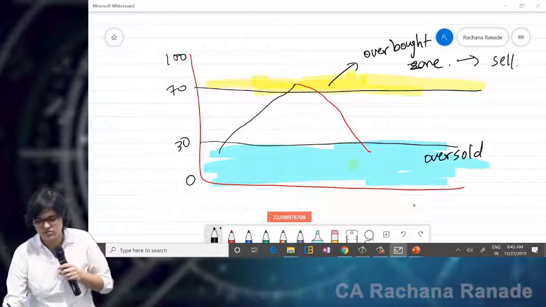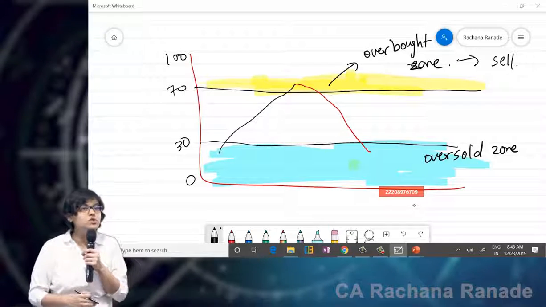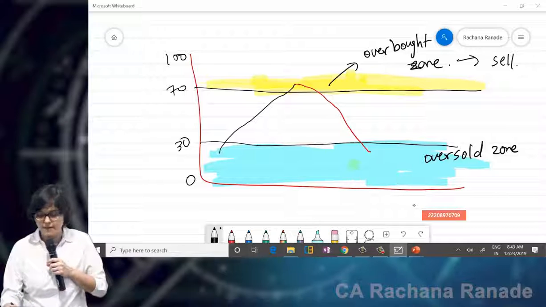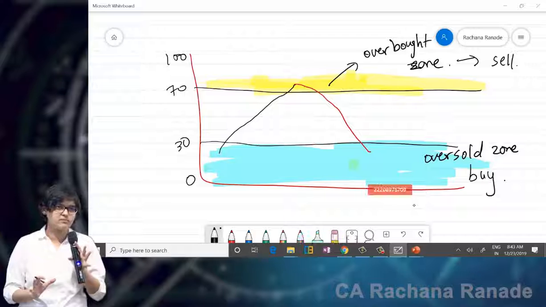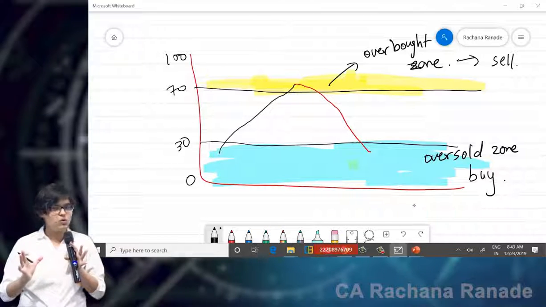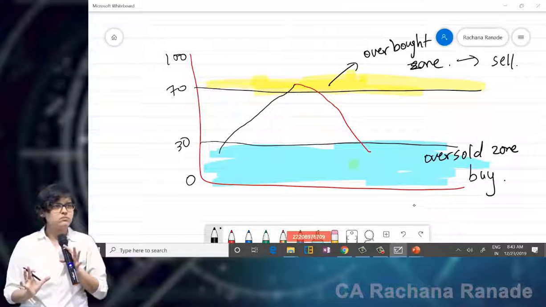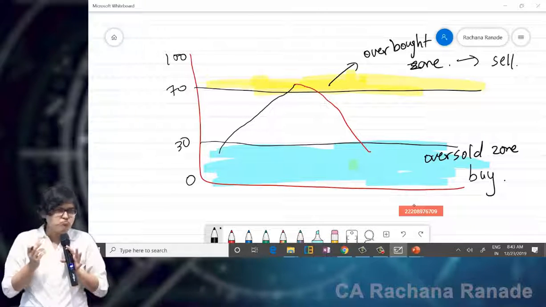Too much selling pressure. And if it is oversold, then your strategy should be buy. This is the traditional thought process. I'm repeating, this is the traditional thought process. Overbought, oversold. Does a stock honor this?